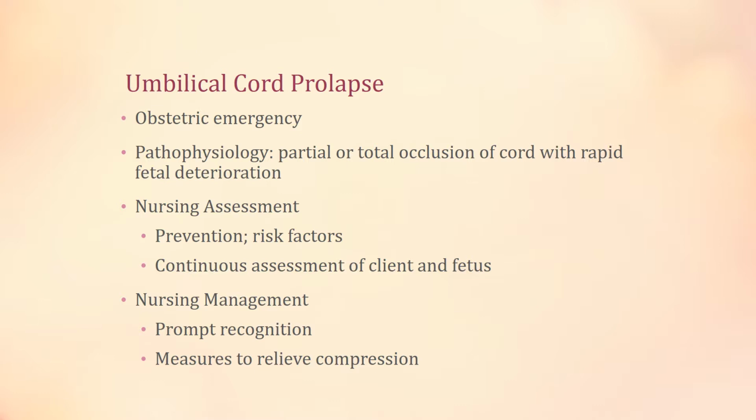Prevention is the key. We want to assess her risk factors, and we want to be aware that usually this is from a malpresentation, a growth restriction, a premature or ruptured membranes when a fetus is in high station, whenever she has hydramnios, whenever she has had multiple pregnancies, or she is having more than one baby.